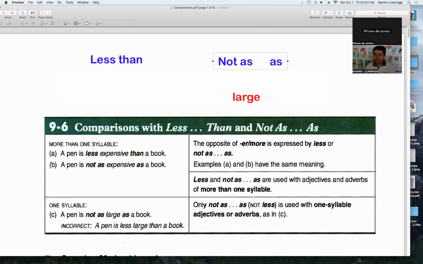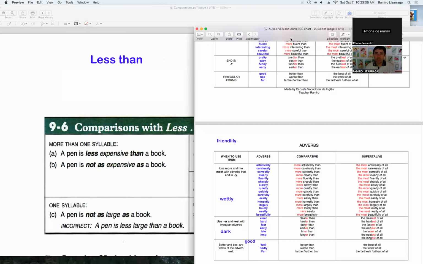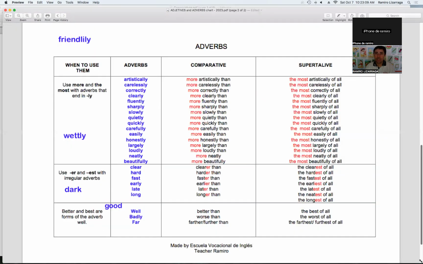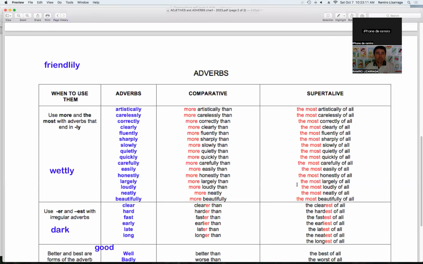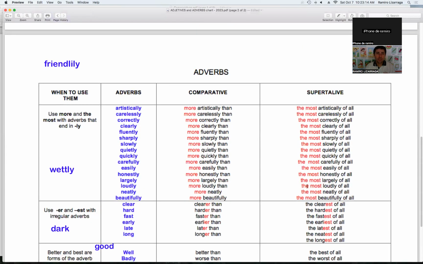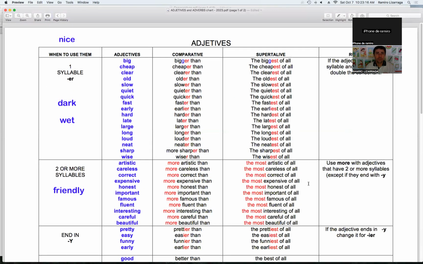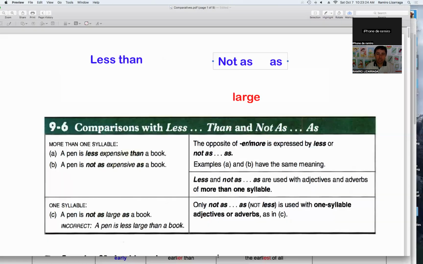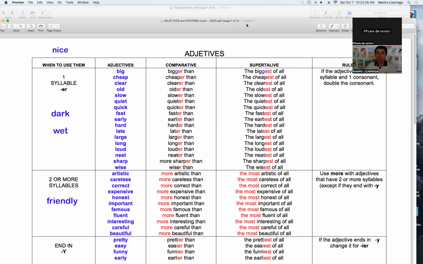Okay, so let me use this list of adjectives. I think it's going to be easier here. So for example, here we have adjectives with one syllable. We have less than and not as. Let me write it here.